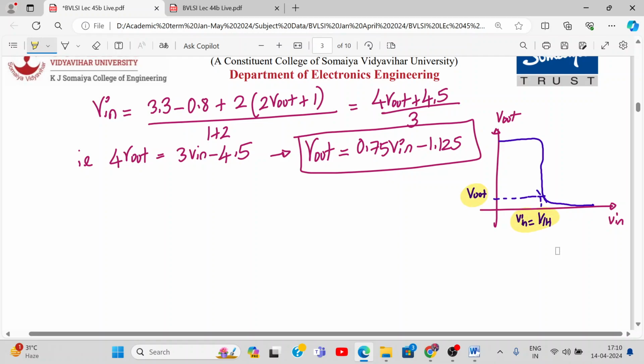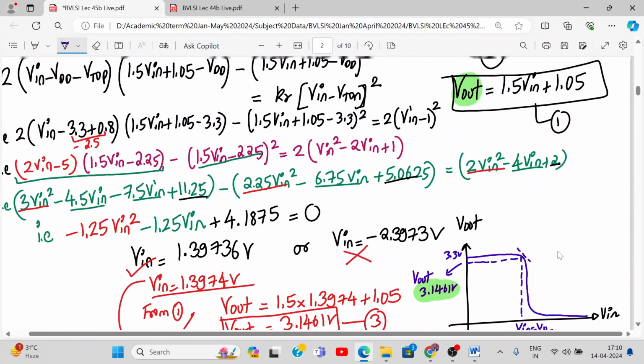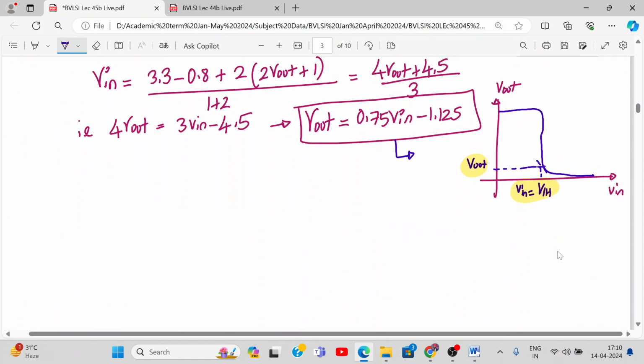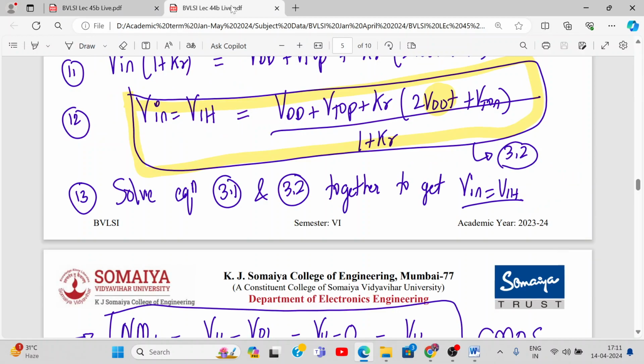Okay, so let's call this equation number, what was the earlier equation which we have used, 1 and 2, so this is equation number 3. Fine. Now we have to use this formula over here.